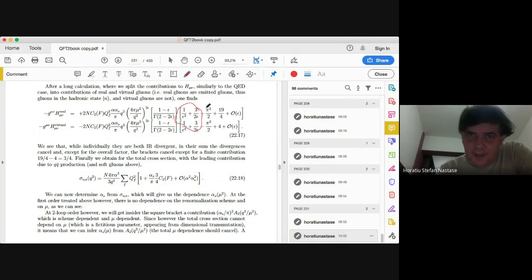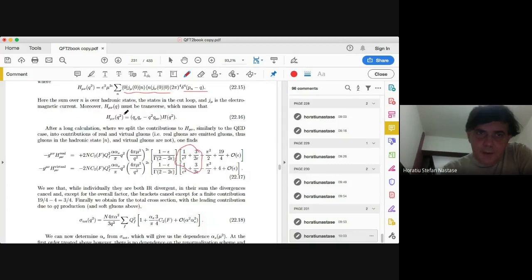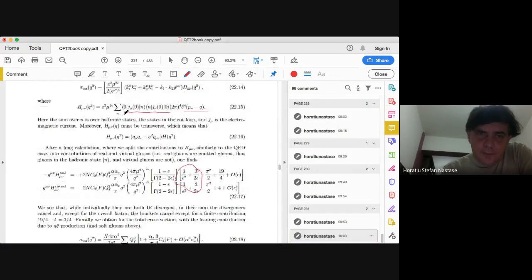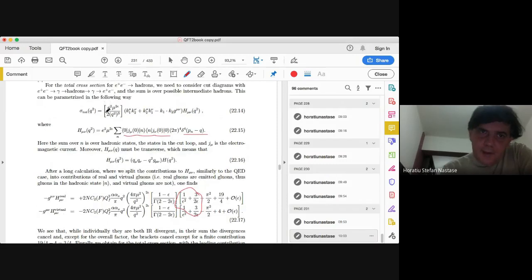Moreover, some finite parts also cancel, but we're left with some finite part, proportional, as I said, to alpha strong times C2F. There's an alpha here that came from this e squared, and there was another alpha outside.